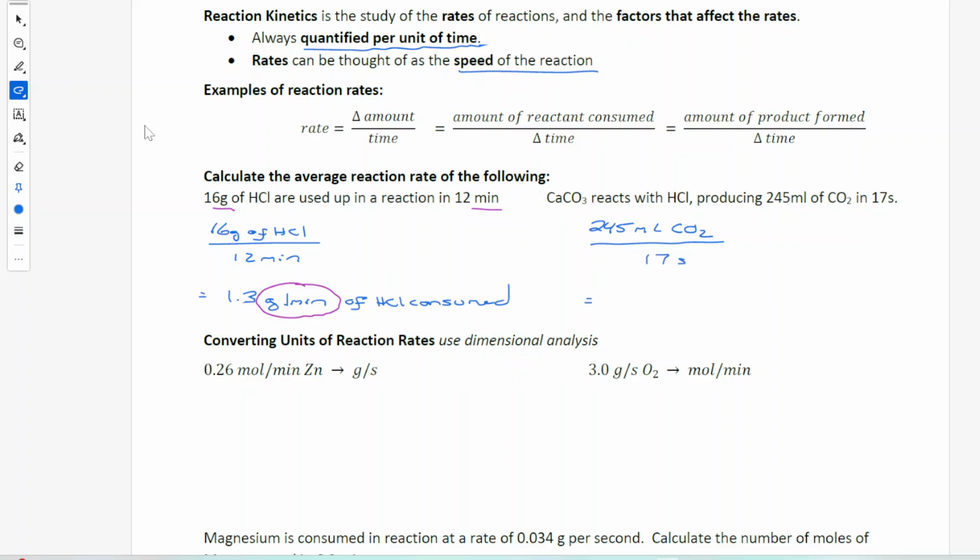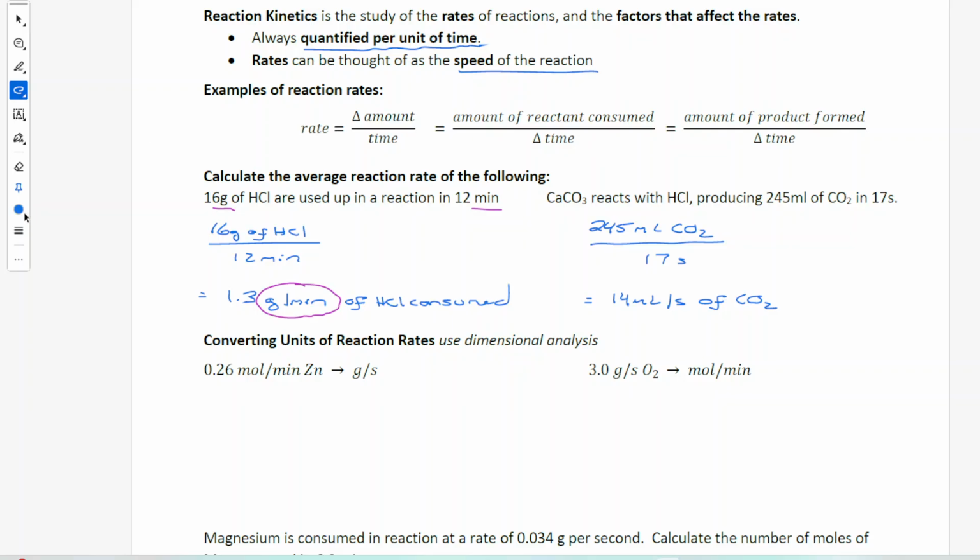Again, you just plug this into your calculator, 245 divided by 17, and your answer to 2 sig figs this time would be 14 milliliters per second of carbon dioxide. Or again, you could say 14 milliliters of carbon dioxide is produced per second, or something along those lines.